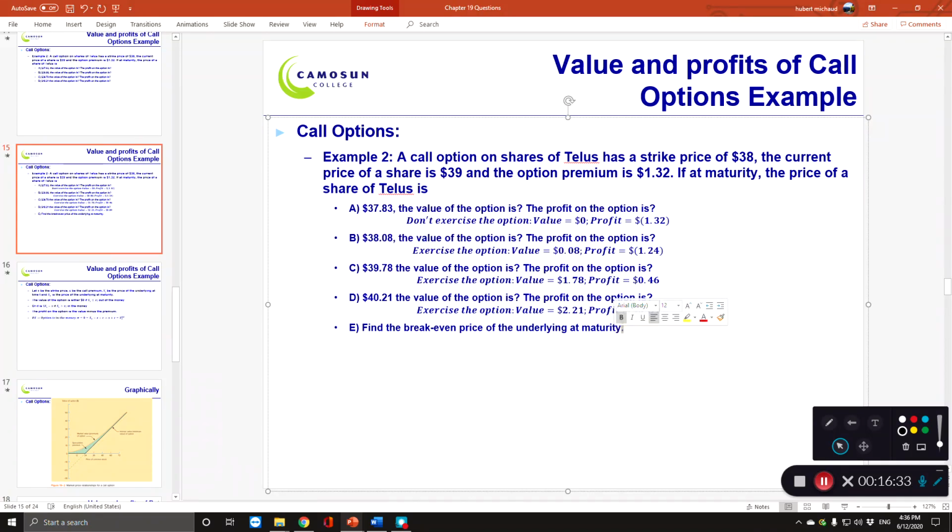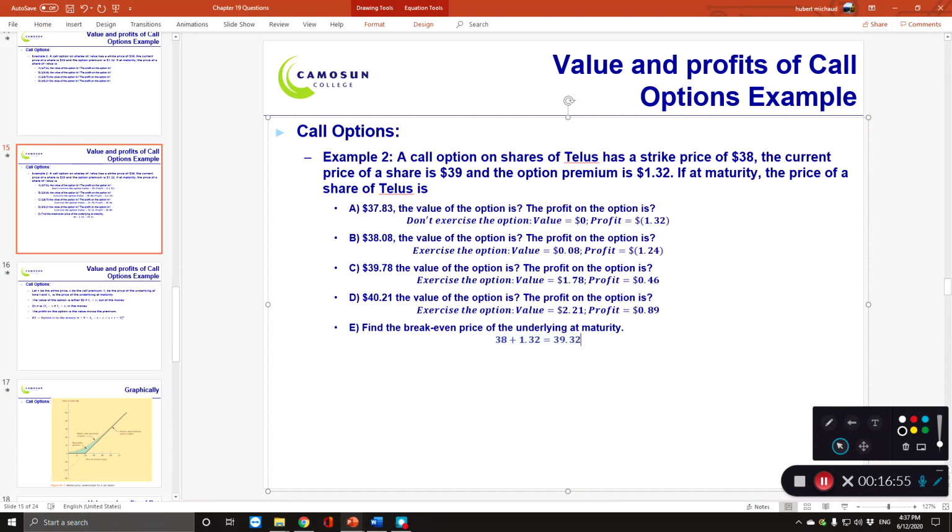But let's find it. It's actually really easy if you remember what I just told you. If you don't, it's a little bit harder. You have to do a lot of harder maths. But here we know that it's X, the strike price, plus the call premium. So 39.32 should be our break-even price.